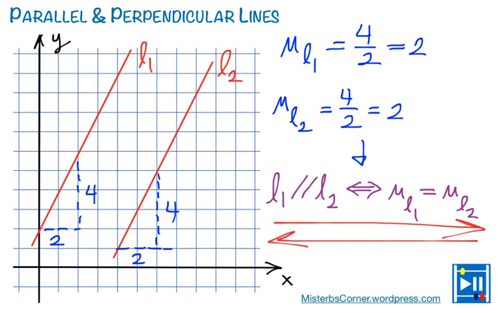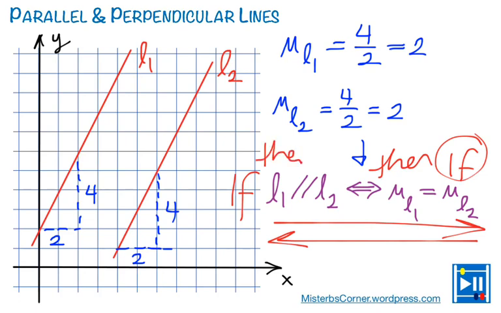Both are valid, both are true. So I can say if L1 is parallel to L2, then the gradients are equal. Or I can say if the gradients are equal, then the lines are parallel. So it works both ways, and this is how I show it.